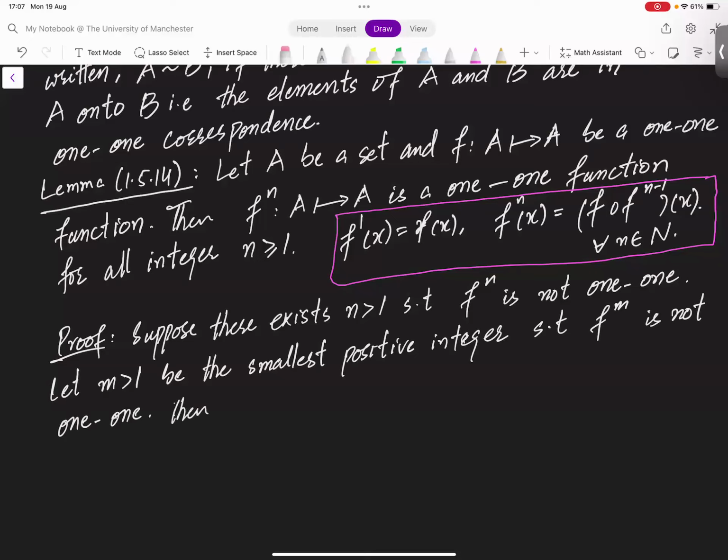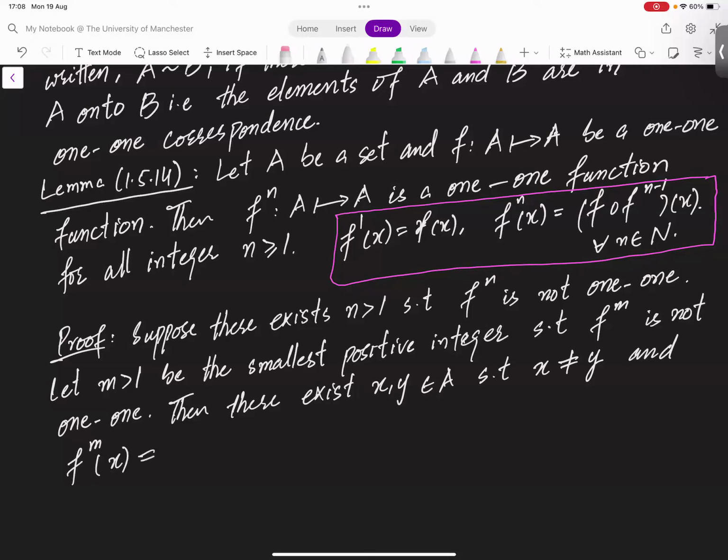Then there exist x, y in A such that x is not y and f power m of x is f power m of y.